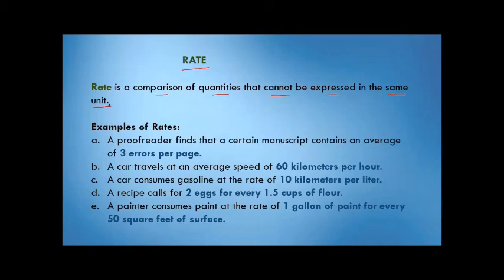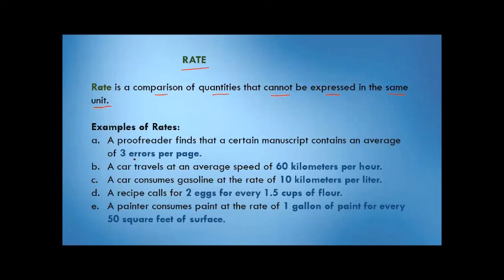Katulad ng mga sumusunod. So ito yung mga comparison ng quantities na hindi pwedeng magkaroon or hindi kayang gawan ng same unit. So, letter A, proofreader finds that a certain manuscript contains an average of 3 errors per page.